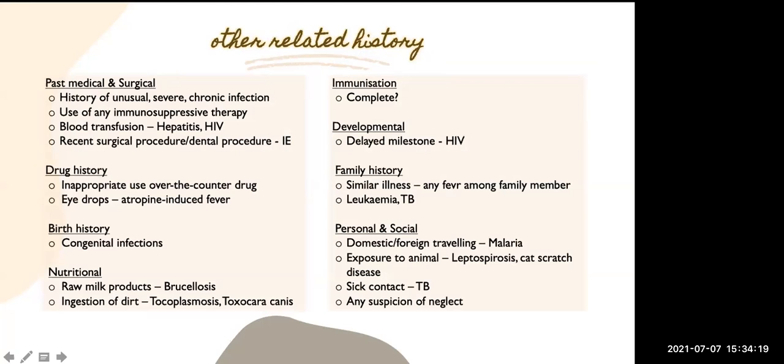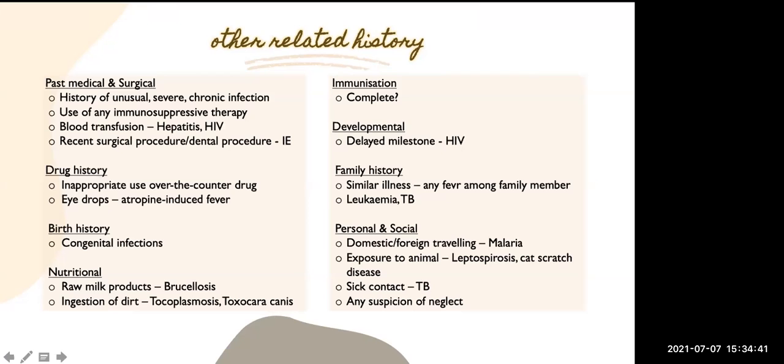And then we also ask if there's any recent dental procedure, because it is associated with infective endocarditis. And then for the drug history, if there's any inappropriate use of over-the-counter drugs, and any use of eye drops, because it can cause atropine-induced fever or hypothermia.